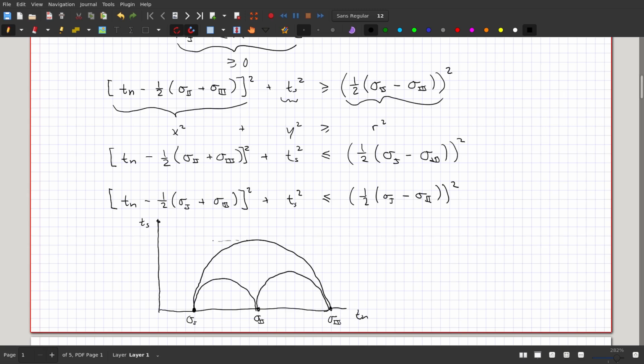This is T max. T max is just the radius of that circle, the largest circle. So that's 1/2 (sigma 1 plus sigma 3). And what you'll find, with those inequalities, is that the state of stress is always in this region.